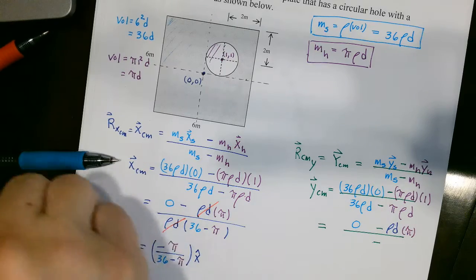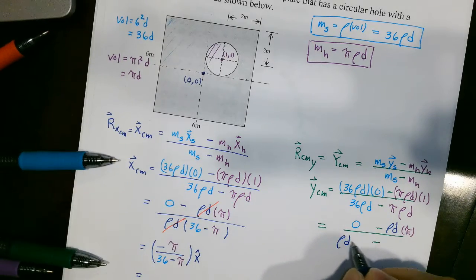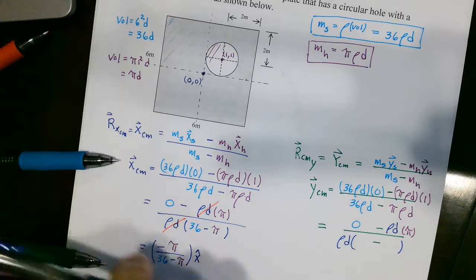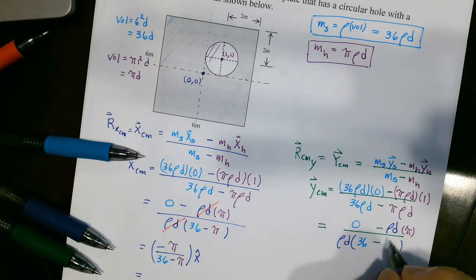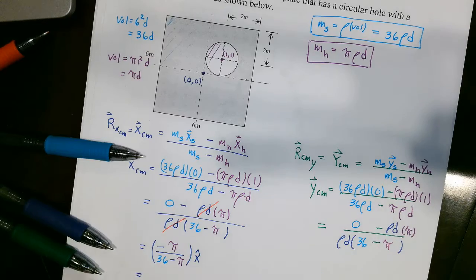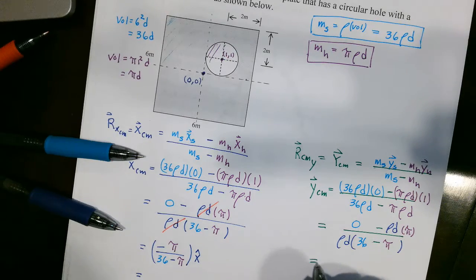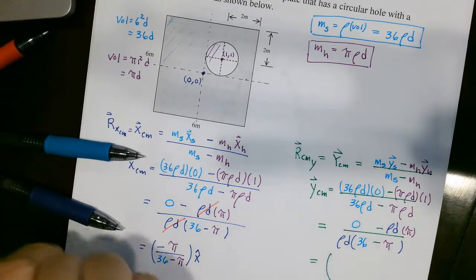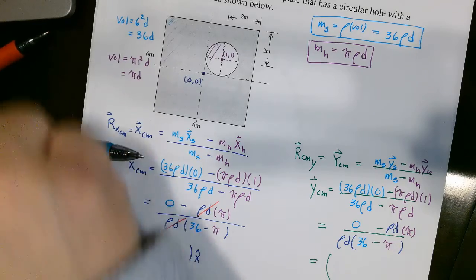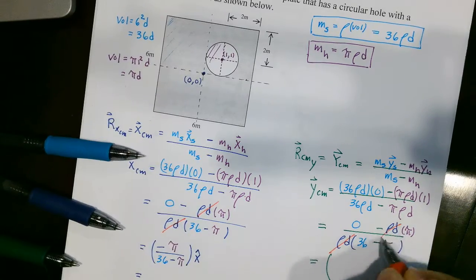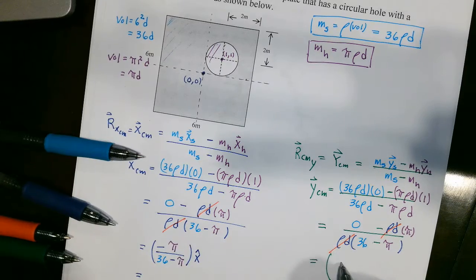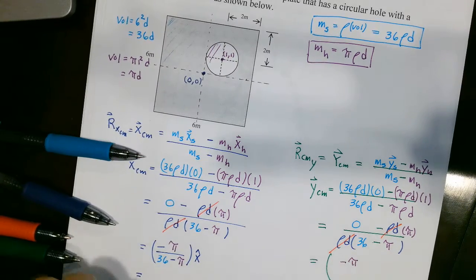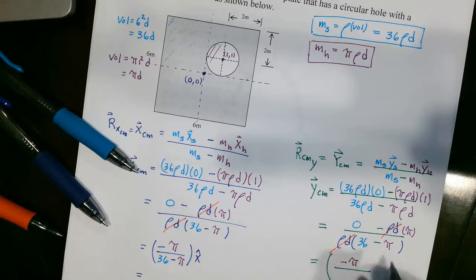And if you factor out the rho d on this side, you're going to get 36 minus pi, right? So you get the exact same values here, which is negative pi, right? So this goes to 1. So you're going to get negative pi over 36 minus pi, right?